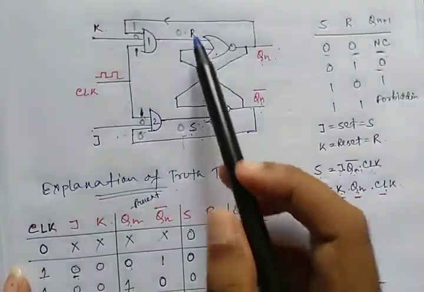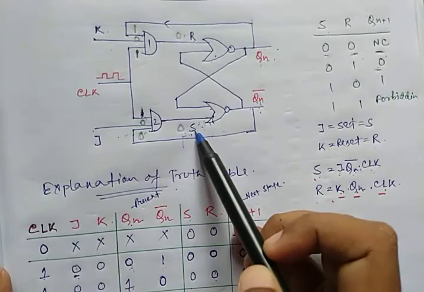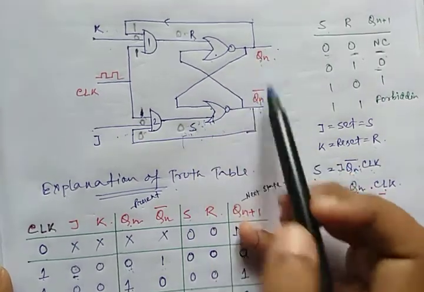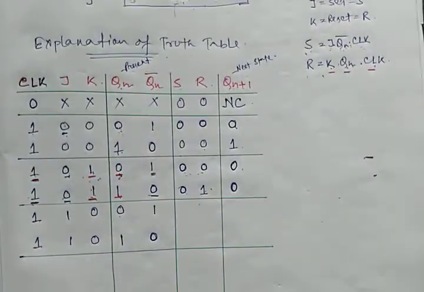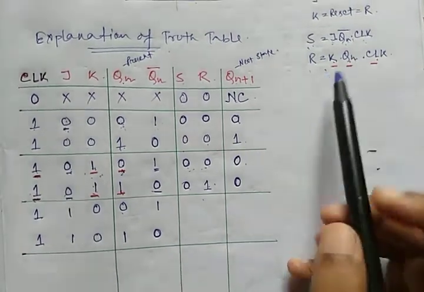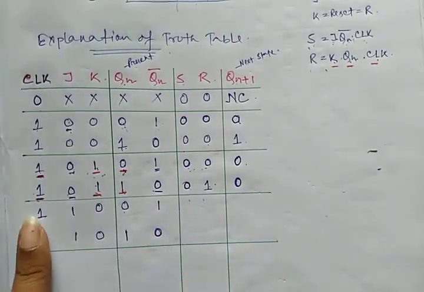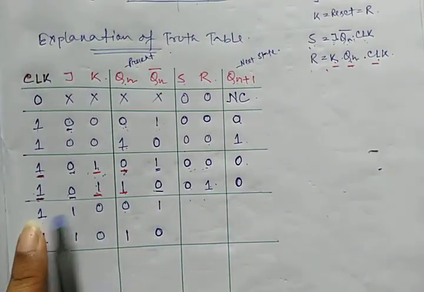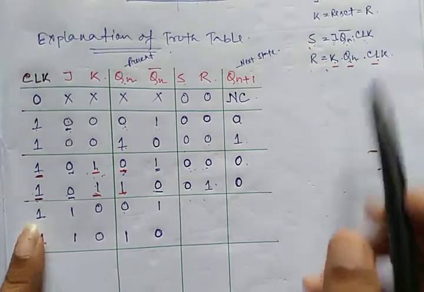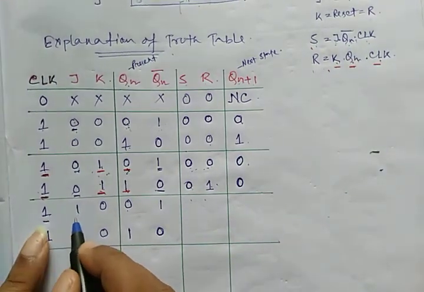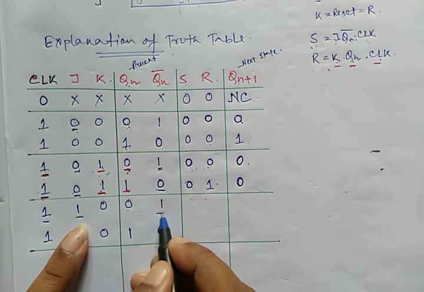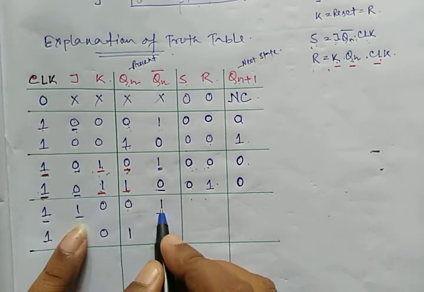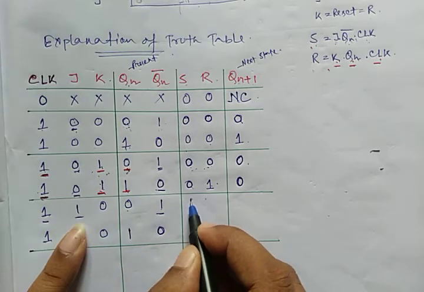S and R means these two gates. By getting the value of input in these two gates, we get the value of Q and Qn bar. So for S, we get J, Qn bar, clock. That means clock, J, Qn bar. You can see both the inputs are 1. So S is 1.